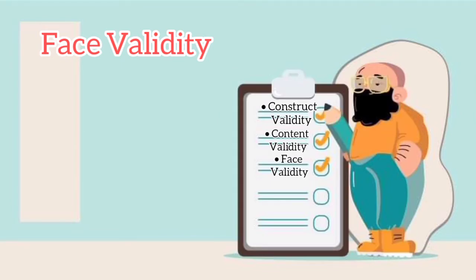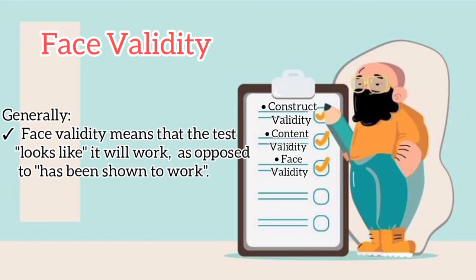But if an expert is asked instead, some people would argue that this does not measure face validity. This distinction seems too careful for most applications. Generally, face validity means that the test looks like it will work as it is supposed to, or has been shown to work.